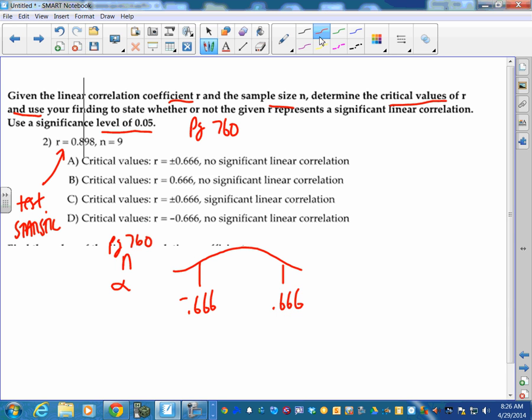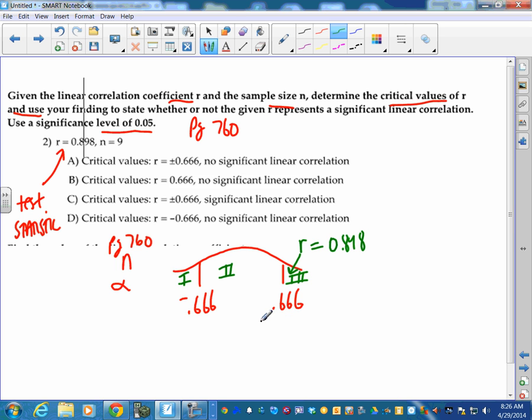In region number 1? In region number 2, or in region number 3? R equals 0.898 will fall in region number 3.